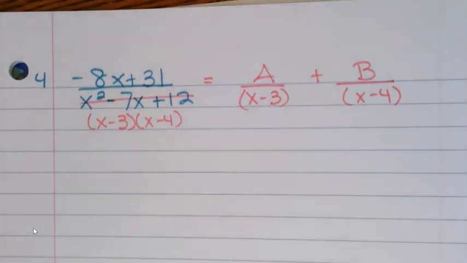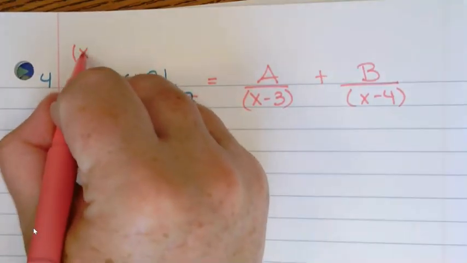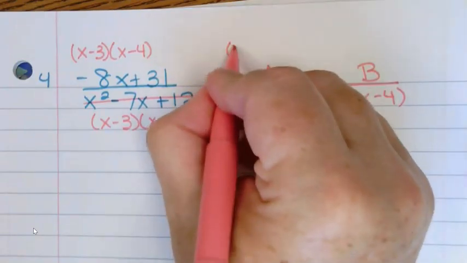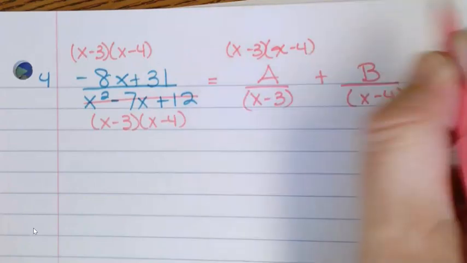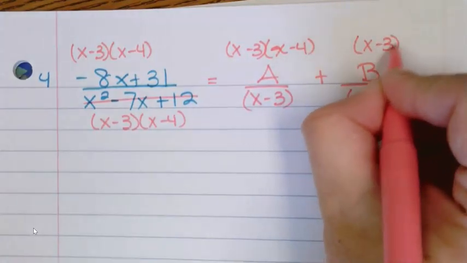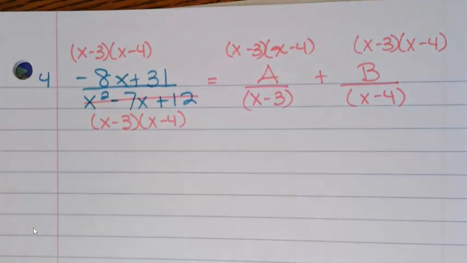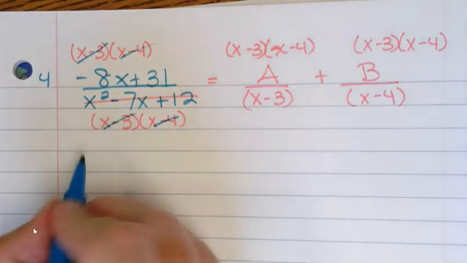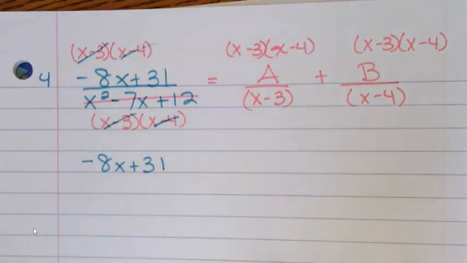Just like we just did in the solving, we got to get rid of these denominators. So x minus 3 times x minus 4. The x minus 3's and x minus 4's cancel, so I'm left with negative 8x plus 31.